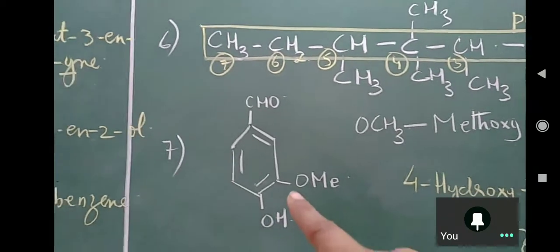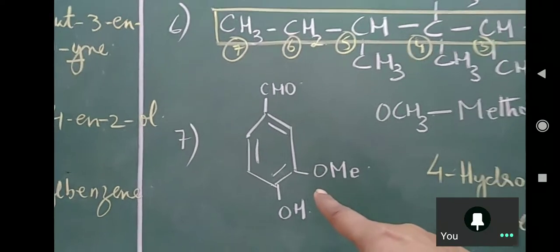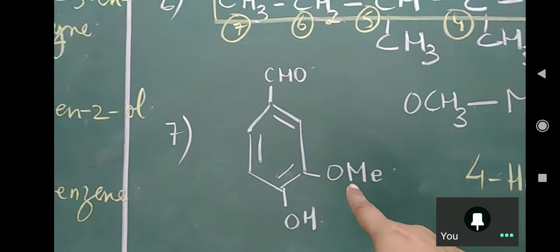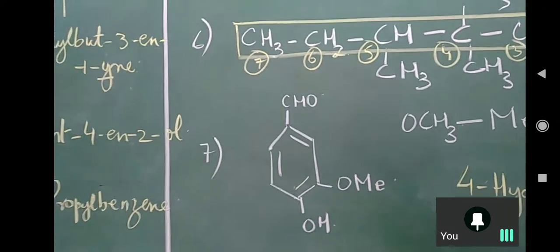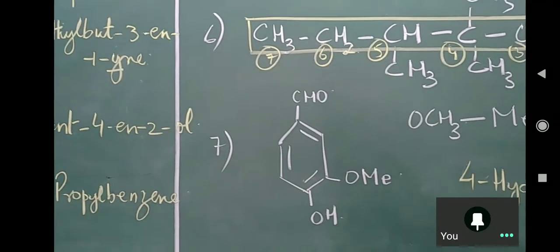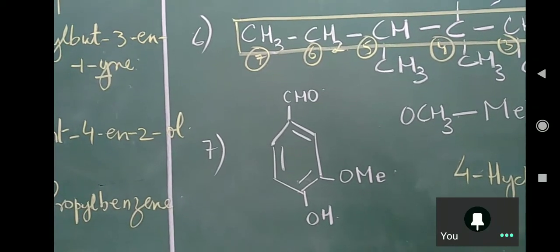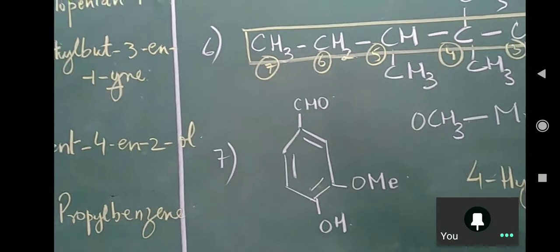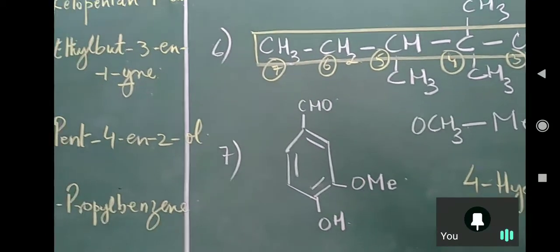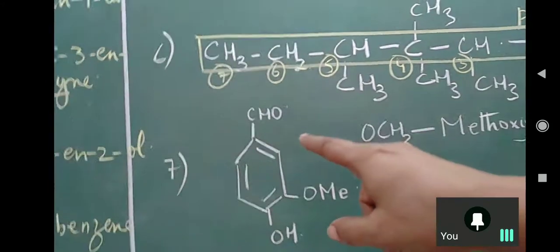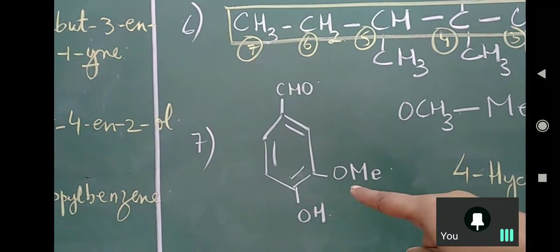Yes. Now what is this O? This is ether. Methyl will have carbon here and it will have carbon here. So this is your ether. Okay? ROR. But you don't need that rule here just now. That is for straight chain. I will tell you. Now come here. This is aldehyde. This is alcohol. This is methoxy.